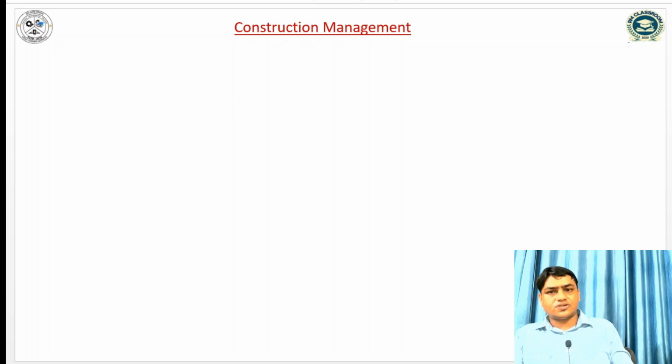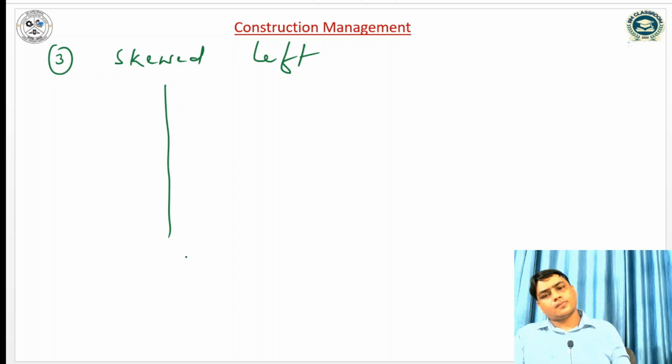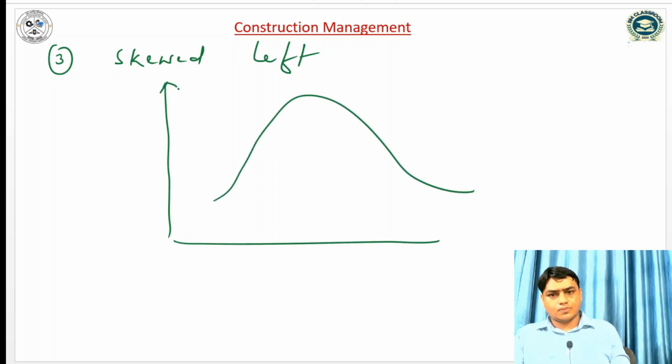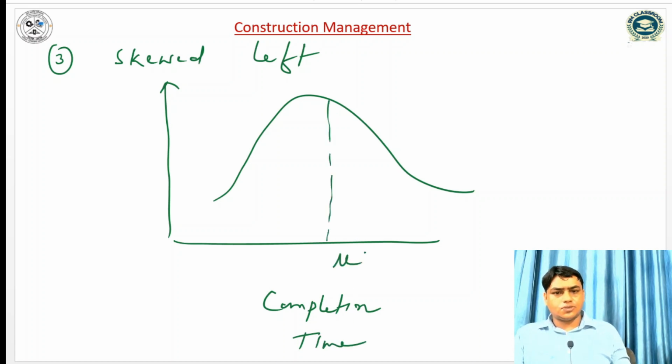Similarly, skewed left curve can also be skewed left. You can see that completion time, this value is mu, this is most likely time, optimistic time and pessimistic time.